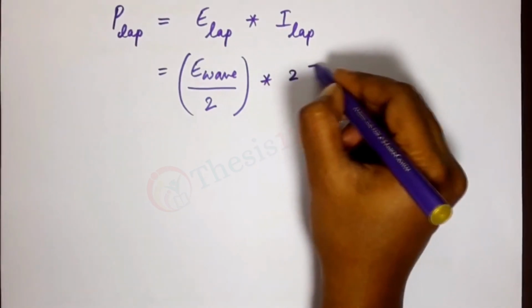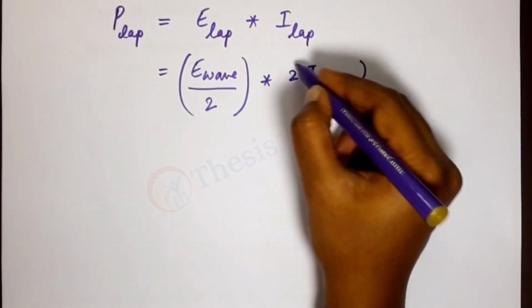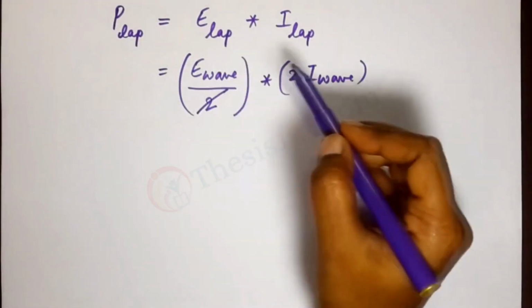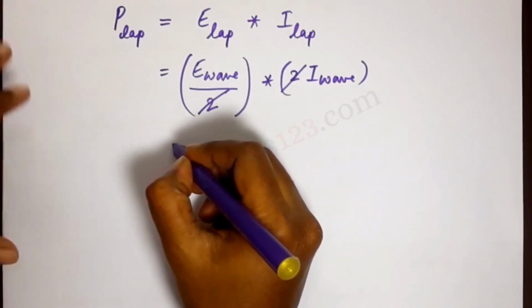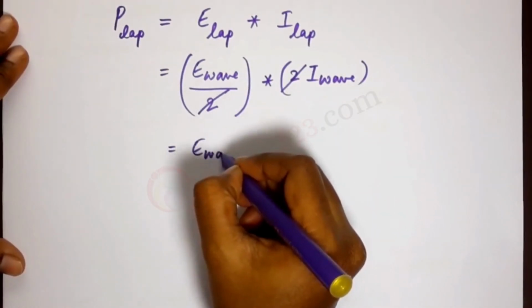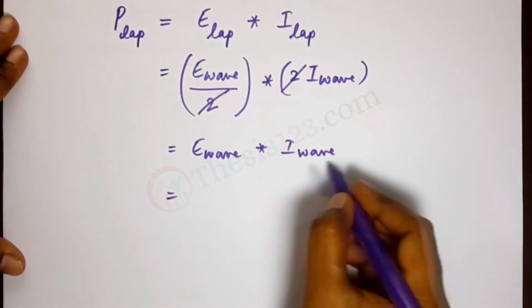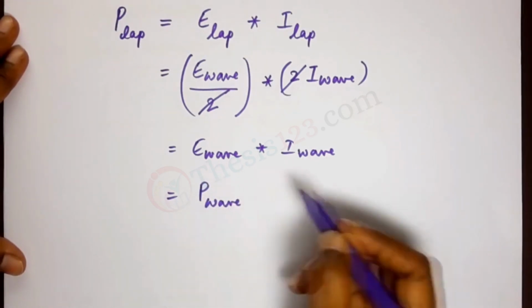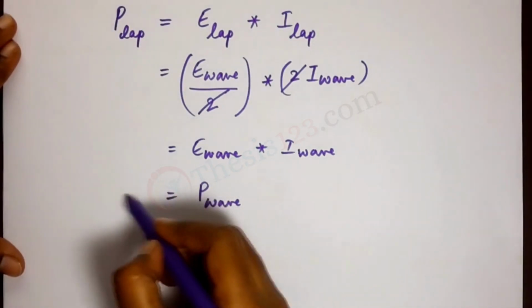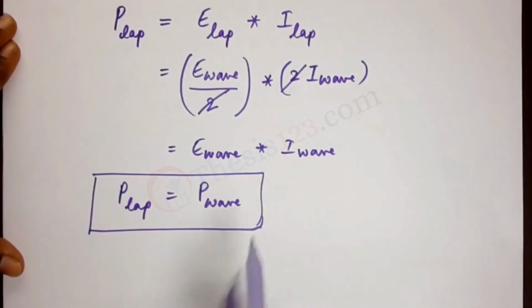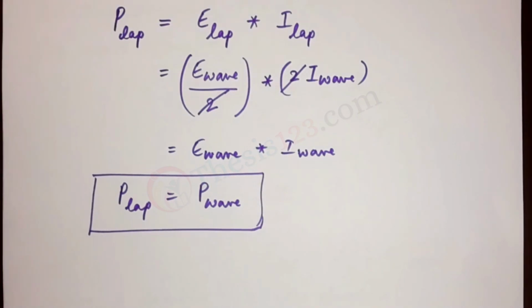We just saw that, 2 times I wave. Because the parallel paths double, the current will also double. Now, what happens here? 2 and 2 cancel out, and this gives us E wave into I wave. Now, E wave into I wave is P wave, the power of wave winding. So we see that the power of lap winding is equal to the power of wave winding. So the power doesn't change, it remains the same.